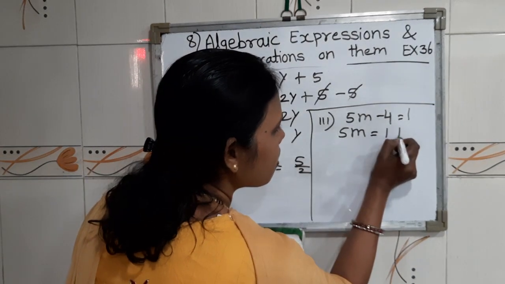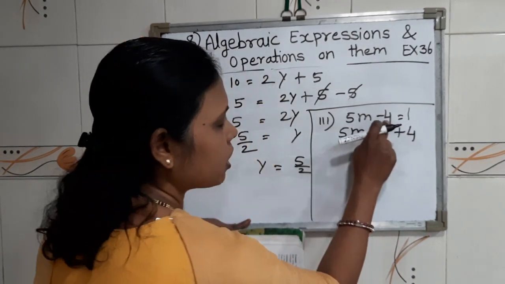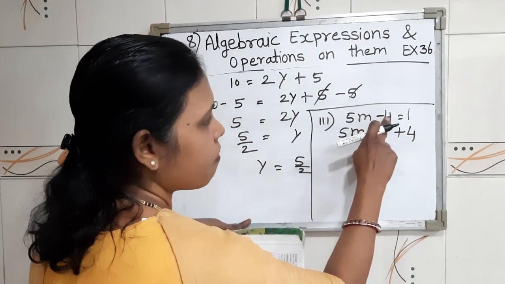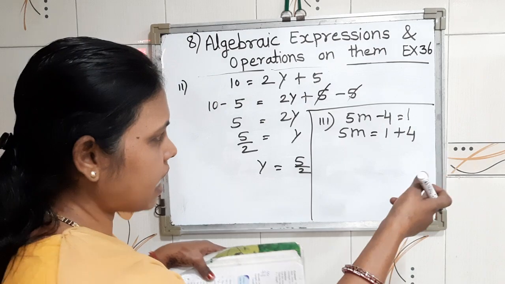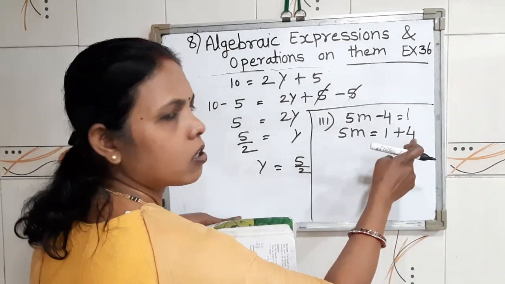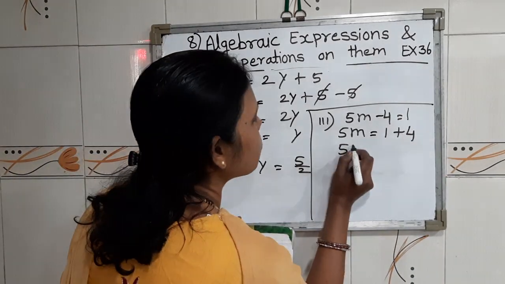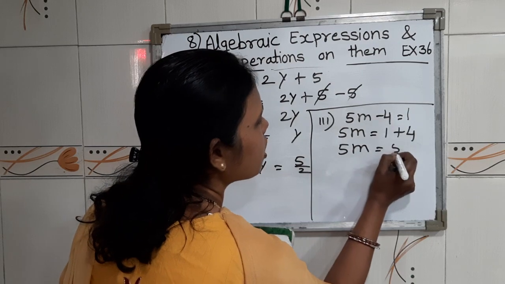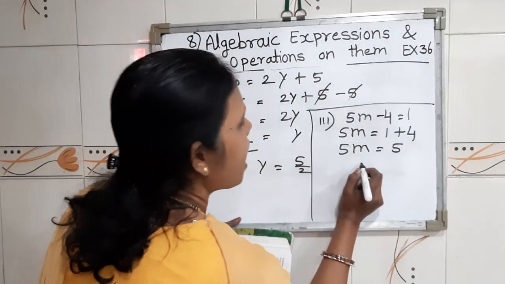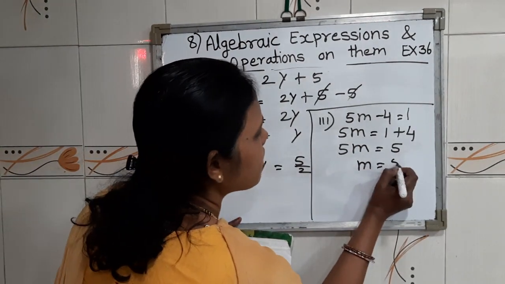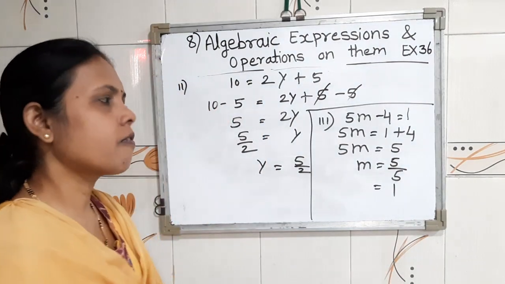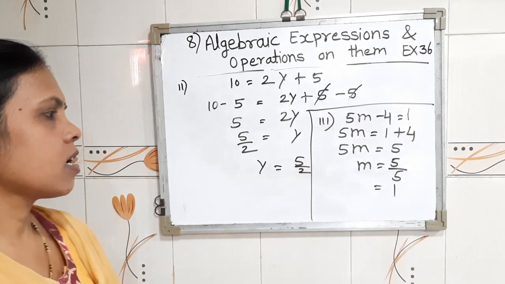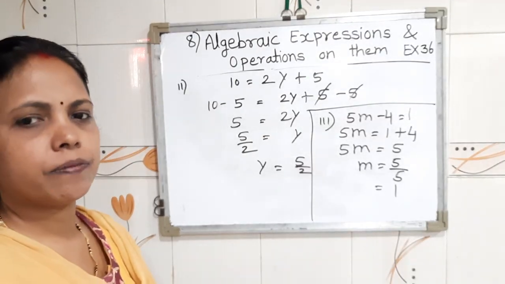Therefore 1 plus 4. With 4 minus is there. When place of 4 we are changing in other side, it will convert into plus sign. Then next one, 5m equal to 5. m will remain as it is and 5 upon 5 equal to 1. The value of m equal to 1.